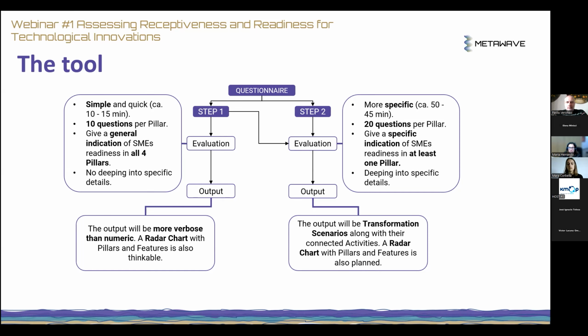If the company is performing poorly in the pillar for sustainability, they will get recommendations for mentorship or specific training courses or other activities that can help them to improve in that field.